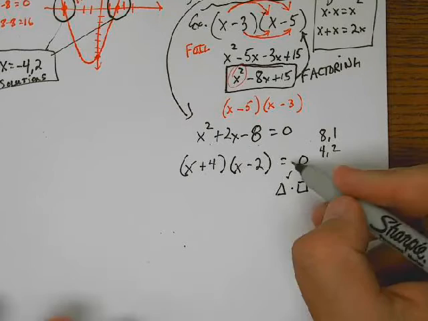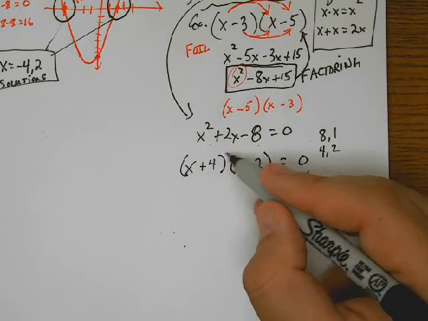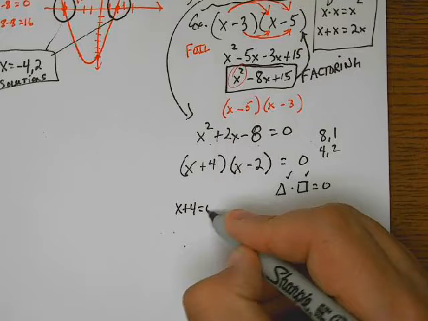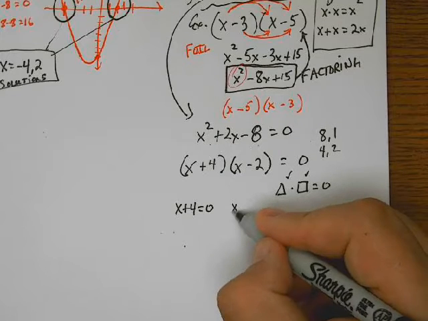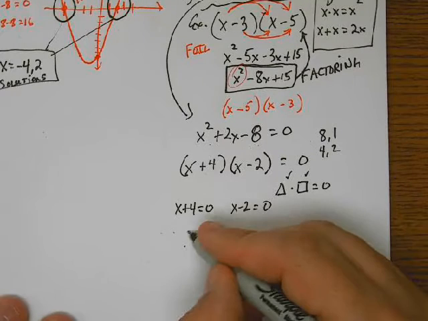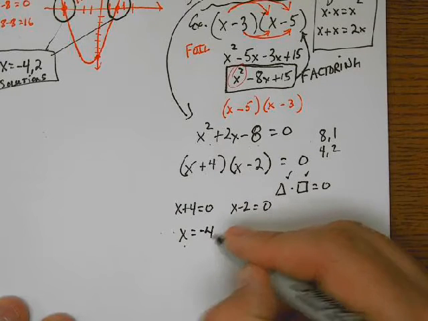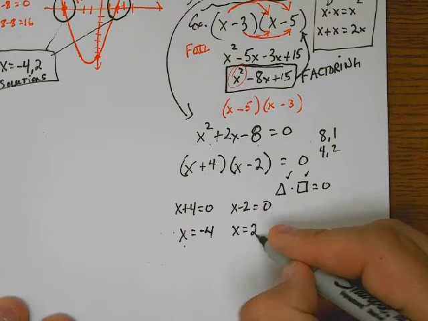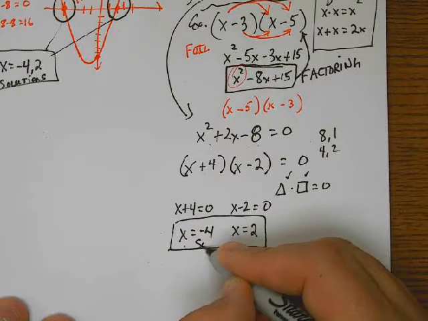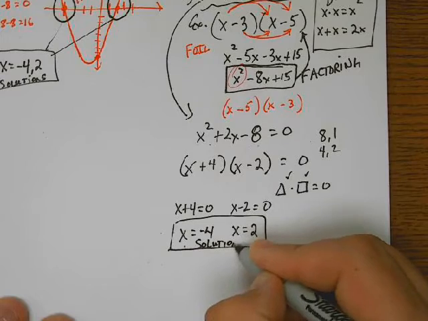If both of these are multiplied together to equal 0, then that means x plus 4 equals 0 and x minus 2 equals 0. So we have to find the value that makes each expression 0. So x is equal to -4, and x is equal to +2, and they are both considered solutions.